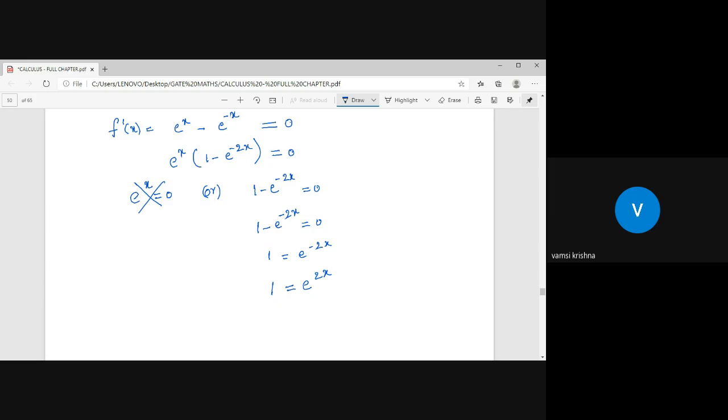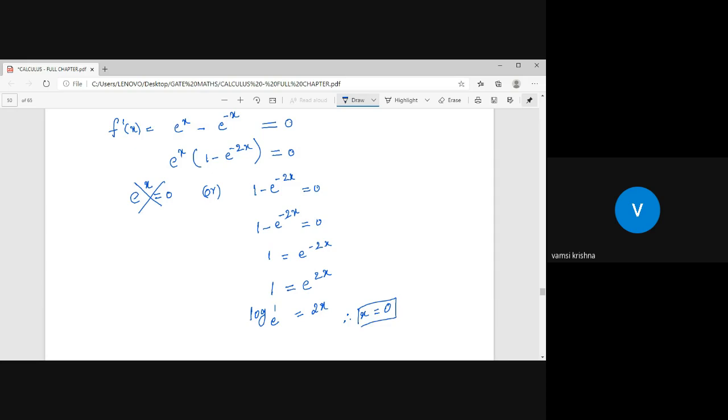Now let us apply logarithms. By the definition of logarithm, log of 1 to the base e equals 2x. As you know, log 1 is 0, so 2x is 0 and x must equal 0. Therefore, x equals 0.